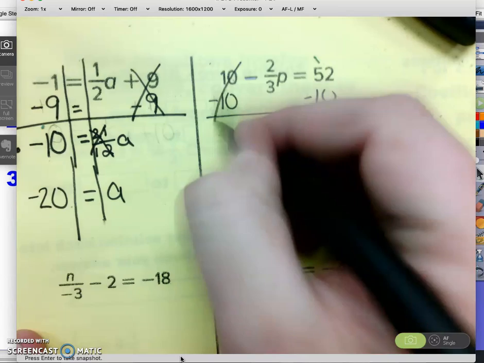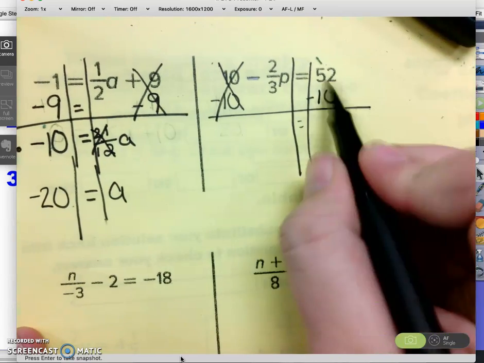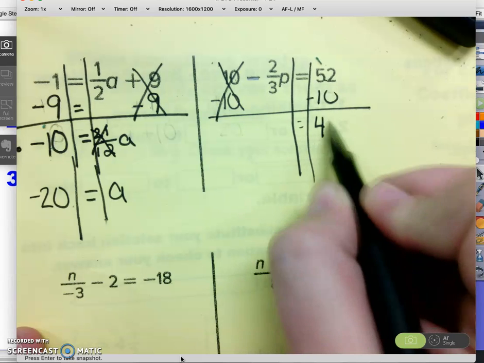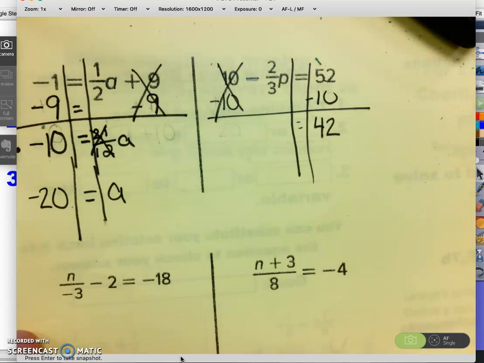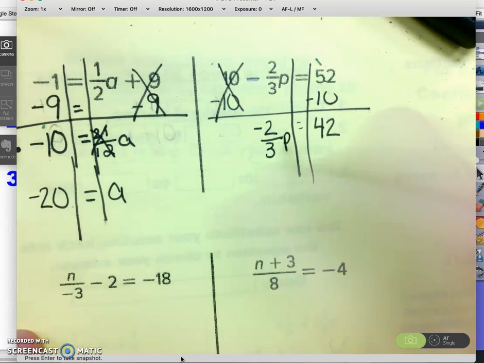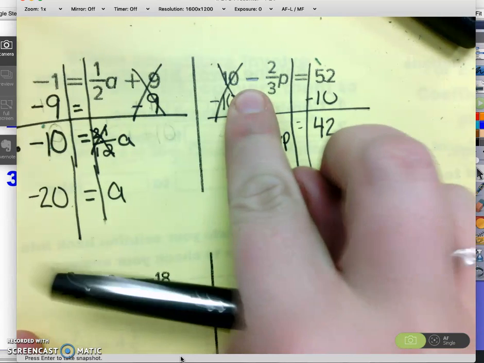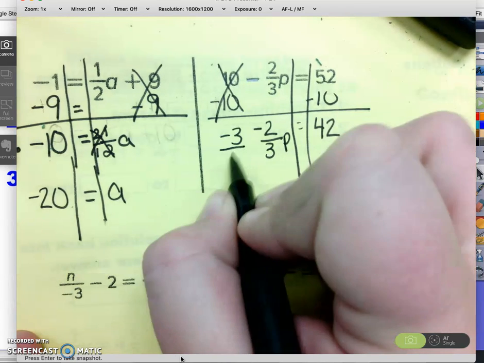Okay, so this goes away. 52 minus 10 is 42. What's left over here? -2/3 p. Remembering that negative has to stay with it. I'm going to multiply by the negative reciprocal.